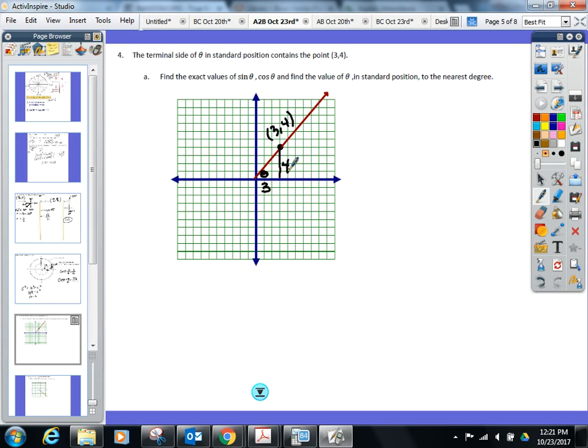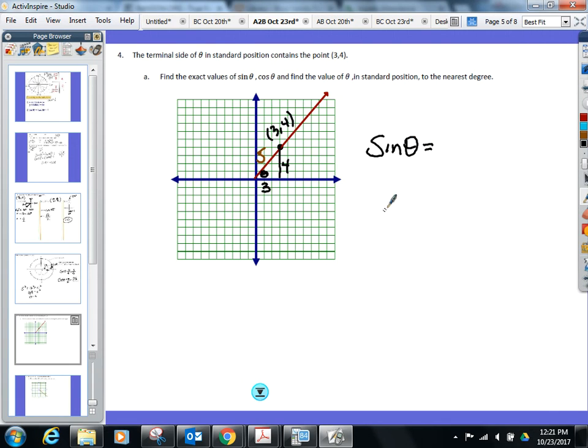And this is what I was just talking about, guys. 3, 4, 5. If you want to remember it, that's fine, but you can always use Pythag. If you're nervous, that's fine. Okay, let's work here. Vinny, sine is equal to?